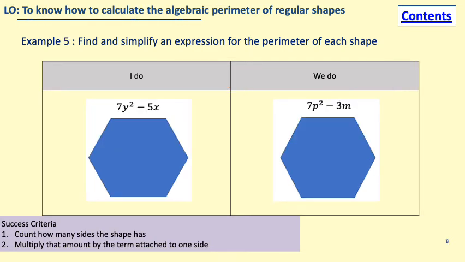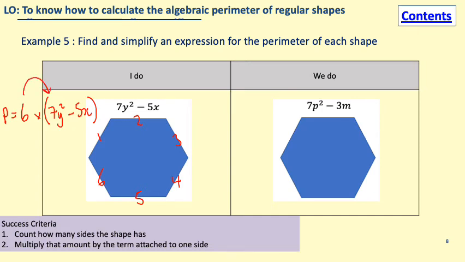And like I say, here's the final one that we're going to be looking at today. So now we've got a 1, 2, 3, 4, 5, 6-sided shape. So we've got ourselves a hexagon. So our perimeter is going to be equal to 6 times by 7y squared minus 5x. So we've got powers, negative terms, we need to be careful.